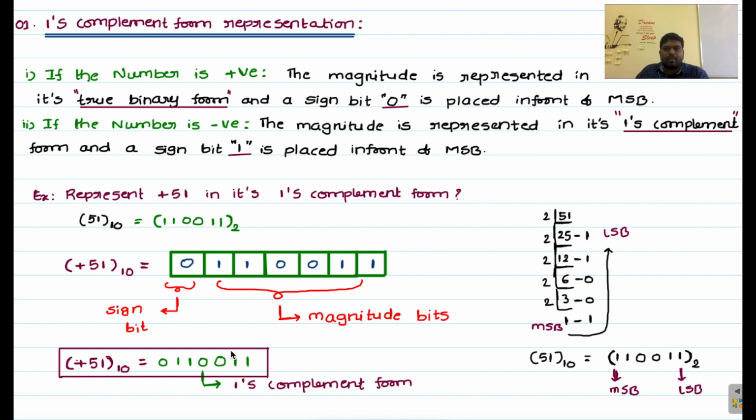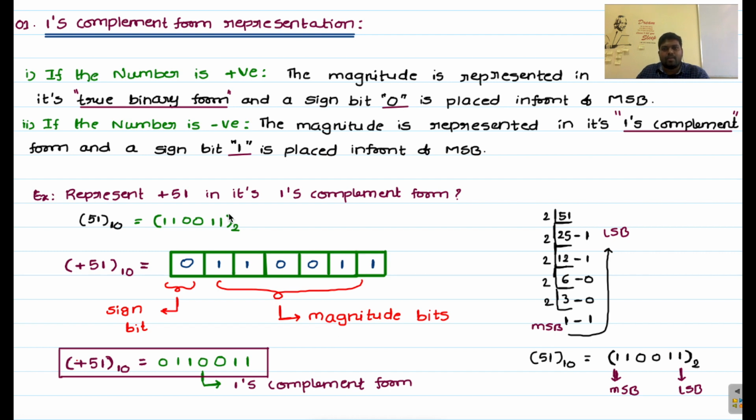There will be no change in these three formats. Only negative numbers differ from sign magnitude form to ones complement form and from ones complement form to twos complement. So this is the positive 51 representation in ones complement form.